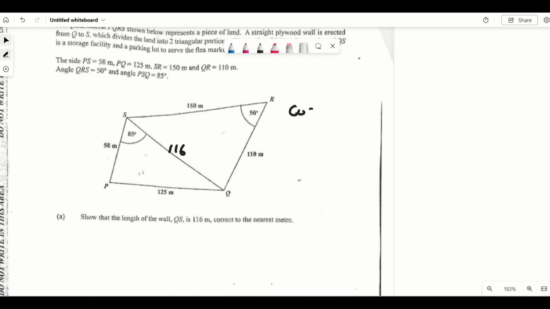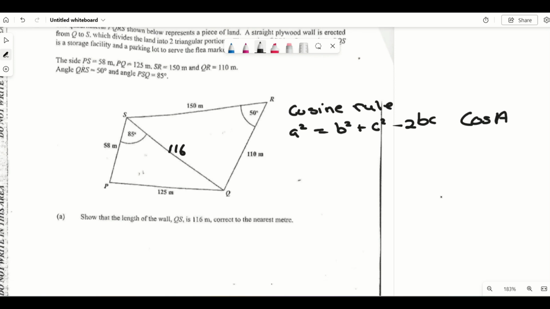Now, the cosine rule states: a squared equals b squared plus c squared minus 2bc cos A. So in this question, the capital A is your angle, and the small a is the side you're trying to find.